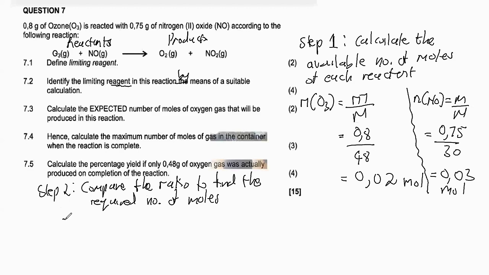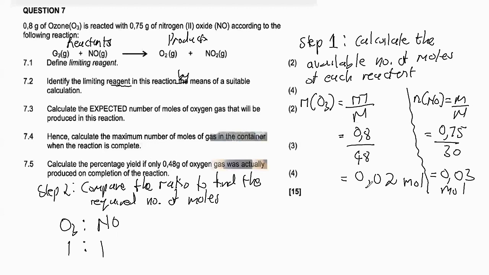The ratio of O3 to nitrogen monoxide is taken from the coefficients. The coefficient here is 1 because we don't see any number, and the coefficient for the other one is also 1, right? So that means for every 1 mole of ozone that reacts, we also need 1 mole of the nitrogen oxide.